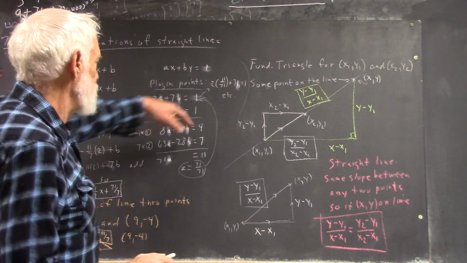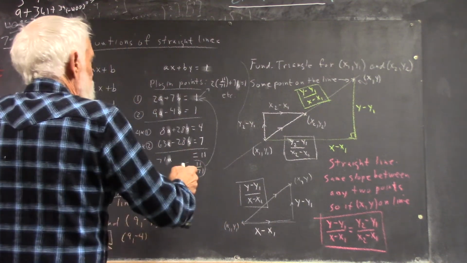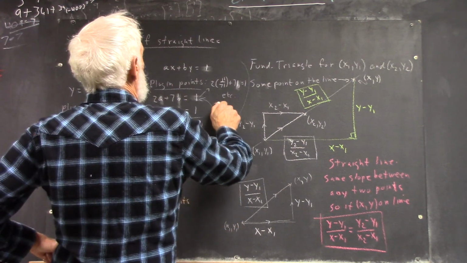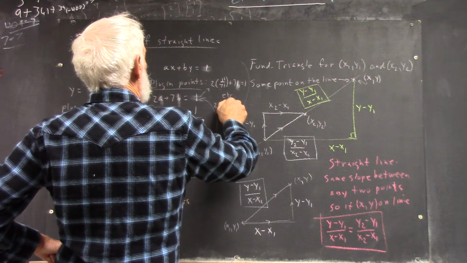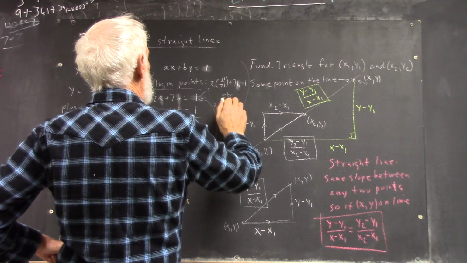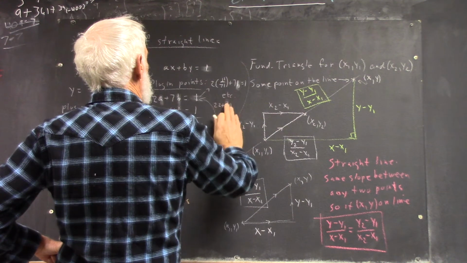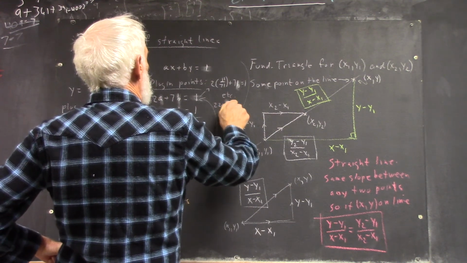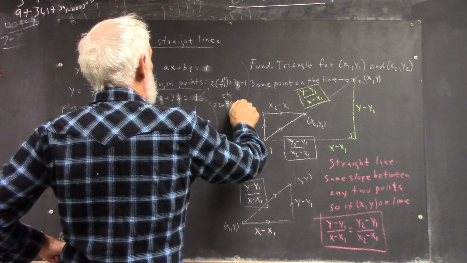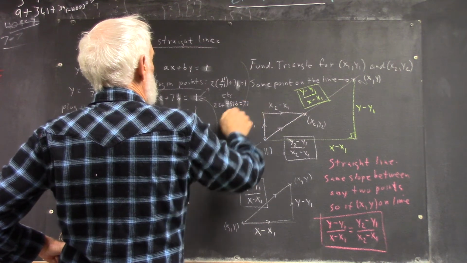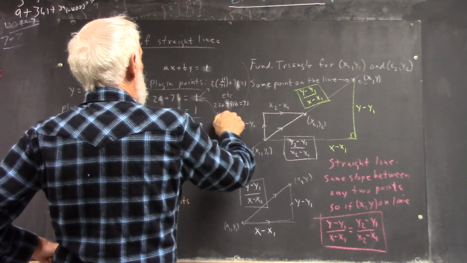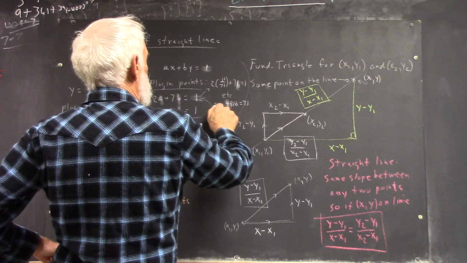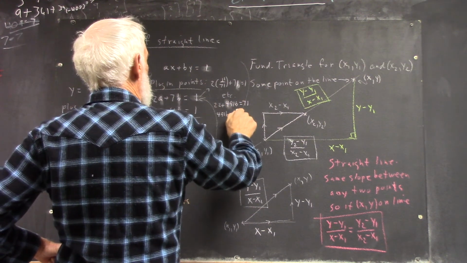Then you get kind of fractions, some big numbers for b. I mean, you're going to get 22 plus 497b equals 71. 497b equals 71 minus 22, which is 49.